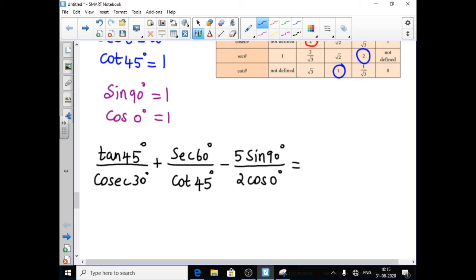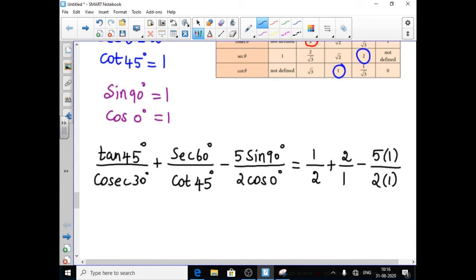So tan 45 is 1, so 1 divided by cosecant 30 degree. Cosecant 30 degree is 2. Then plus secant 60 degree is 2 and cot 45 degree is 1. Then minus 5 into sin 90 degree. Sin 90 degree is 1, so 5 into 1, 5, divided by 2 cos 0, which is 2 into 1.